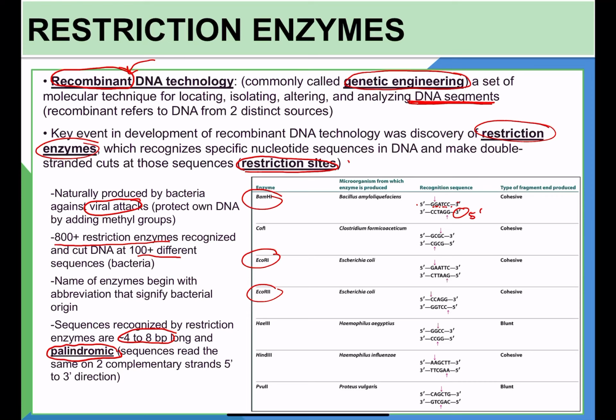Either going this way or reading the sequence this way, they are read the same. That's what palindromic means. So this main table here is just a list of a few common restriction enzymes that we use in genetics applications. But as I said, we have more than 800 of them discovered, and this is not it on this table, just a few, okay?